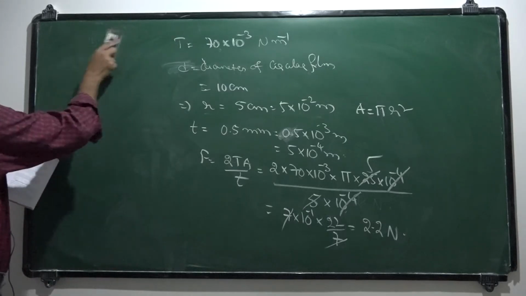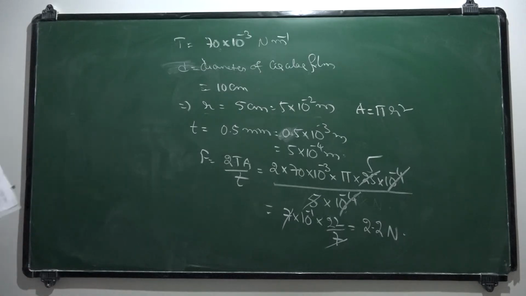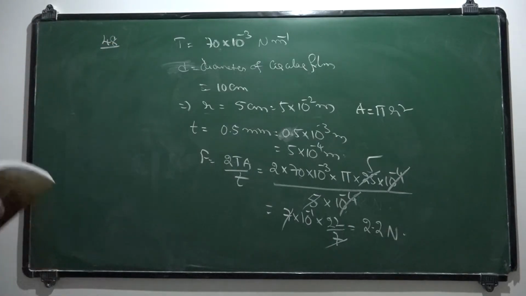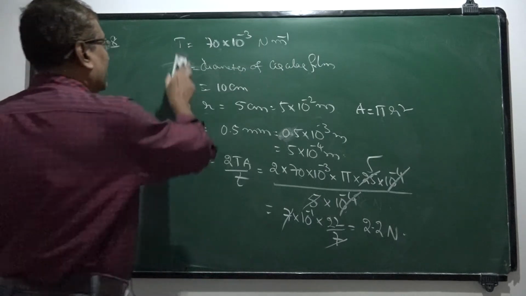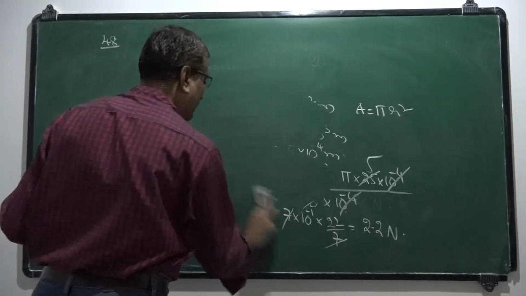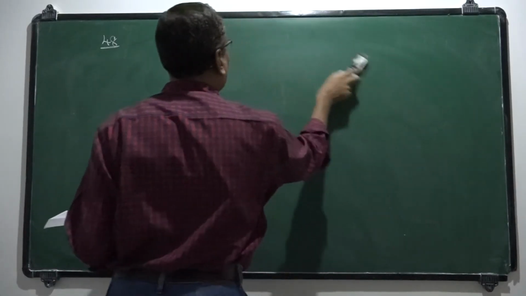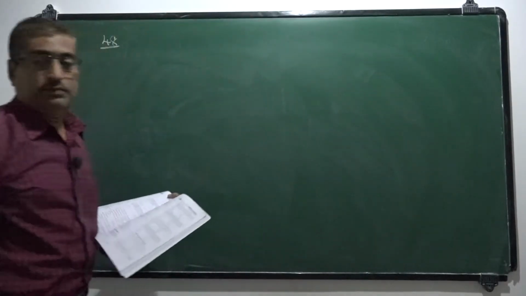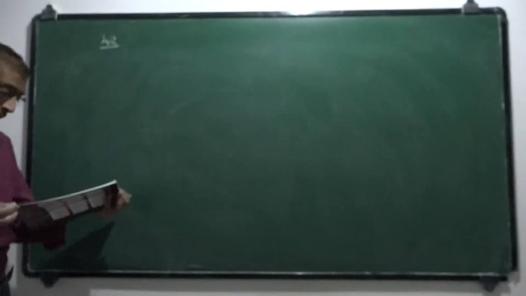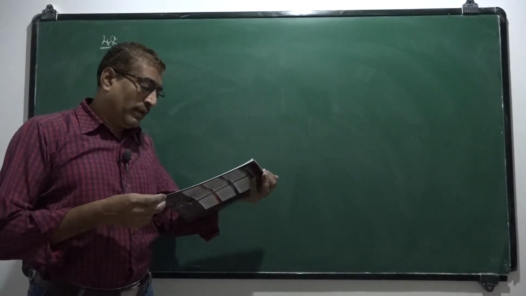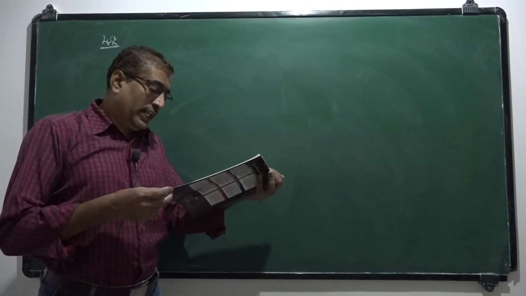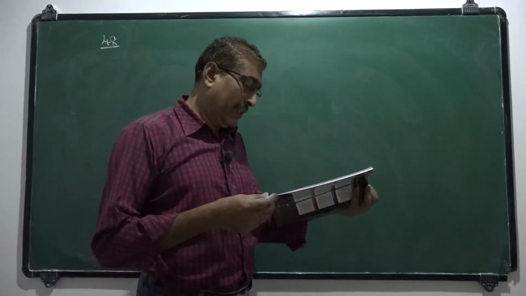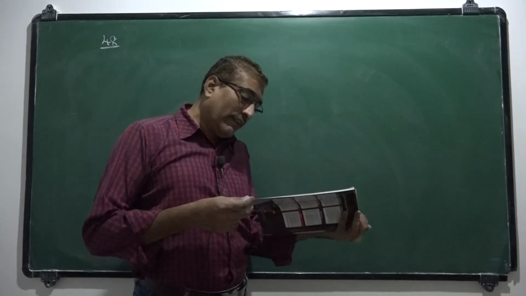Now 48. A work of 6 into 10 to the power minus 4 joule is required to be done in increasing the size of a soap film from 10 into 6 centimeter square to 10 into 11 centimeter square. Then the surface tension of the film is?